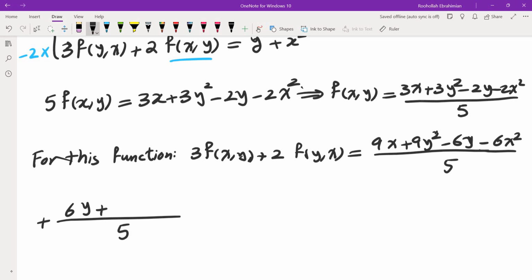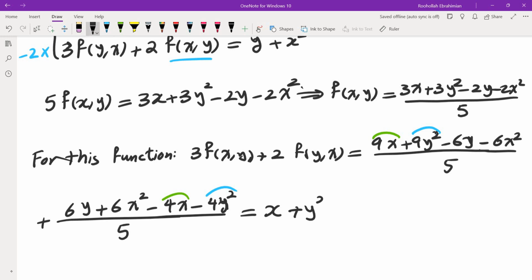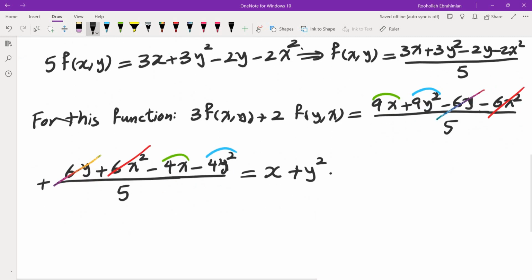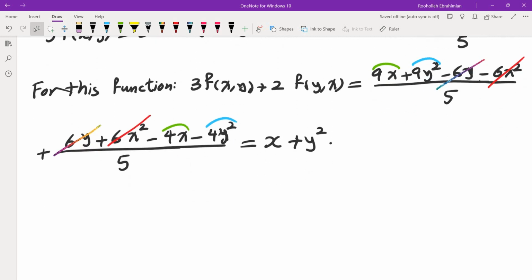So 6y plus 6x squared minus 4x minus 4y squared. Now we're going to look at the like terms and combine 9x here and 4x here. That gives us 5x over 5, that's x. Then we have 9y squared minus 4y squared, that gives us 5y squared divided by 5, that's y squared. Then the 6y and 6y cancel, and negative 6x squared and 6x squared cancel. And in fact, we do get what we wanted to get.